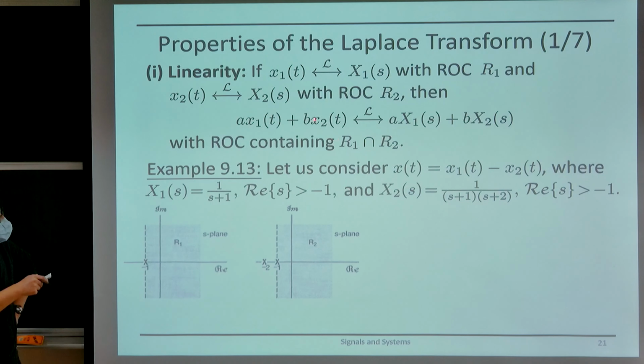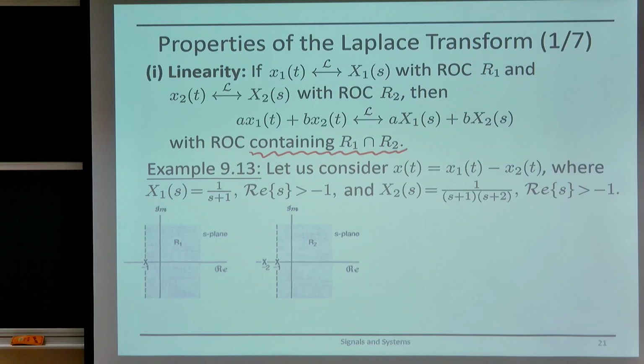So for both of these to hold, the values of s should belong to both R1 and R2. So after this linear combining, the region of convergence must contain the intersection of R1 and R2.